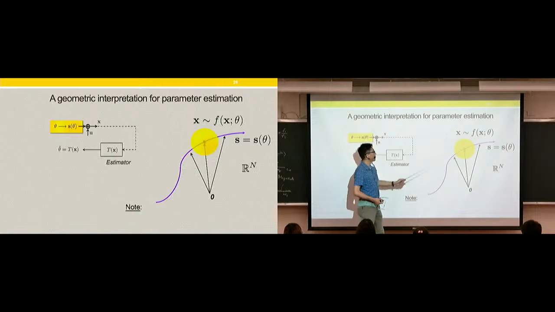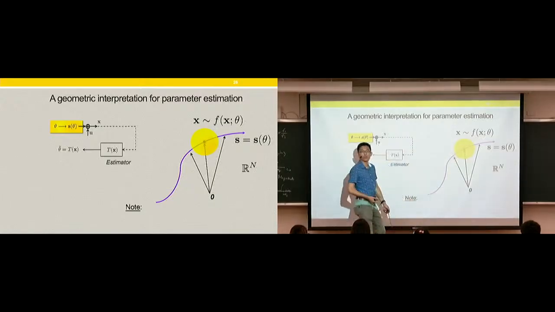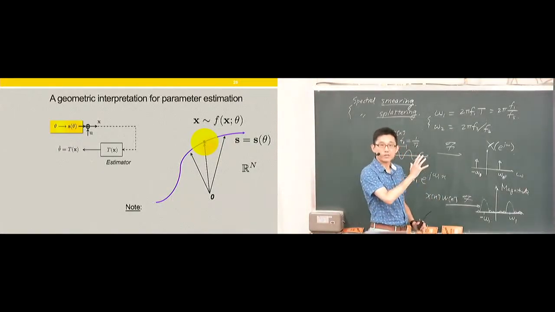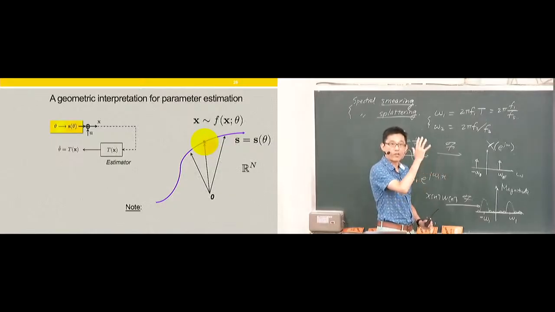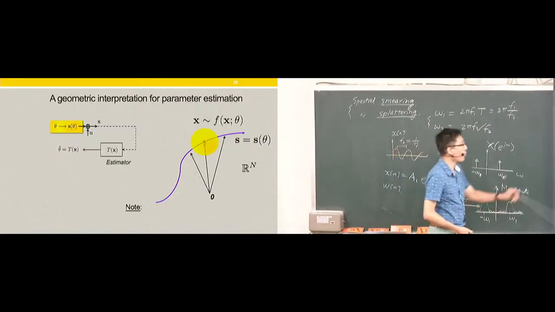That's what we mean by a PDF, a distribution over the n-dimensional space which is parameterized. That's the way we formulate the problem. Okay? Is it making sense? When we say a distribution over n-dimensional space which is parameterized by a single variable theta.